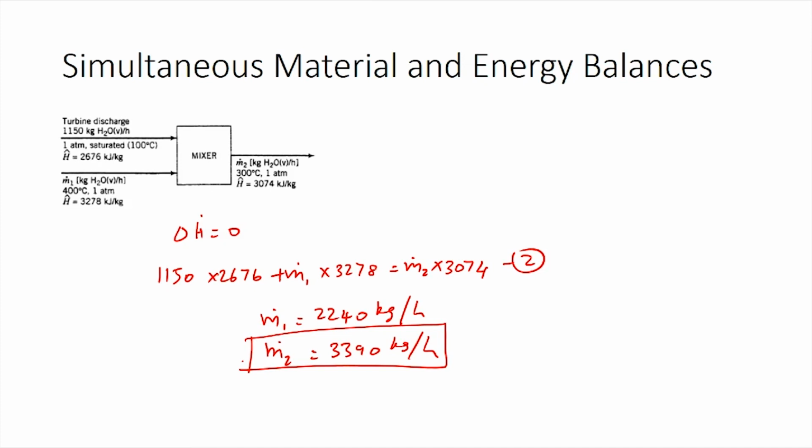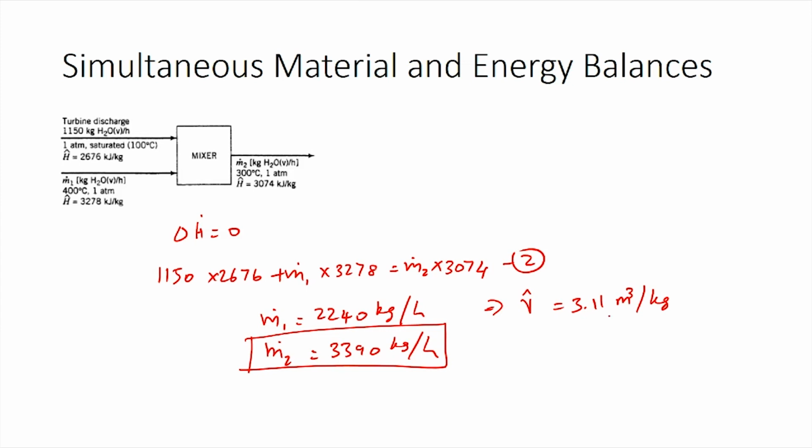We have also been asked to calculate the volumetric flow rate of the superheated steam at 400 degrees Celsius which needs to be supplied to the mixer. We have the mass flow rate, so we can convert this to the volumetric flow rate using the specific volume data available in the steam tables. The specific volume for this particular condition is 3.11 meter cube per kilogram.